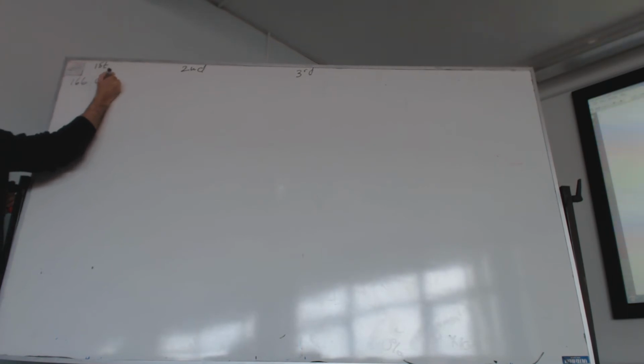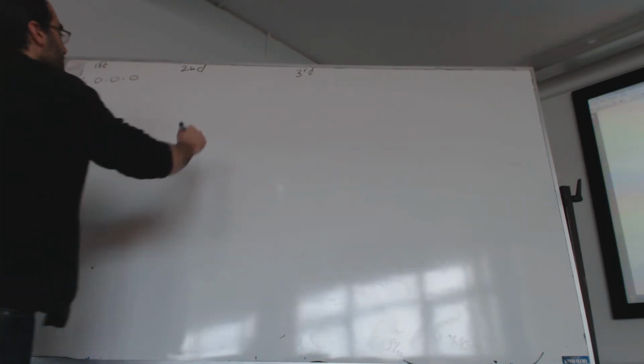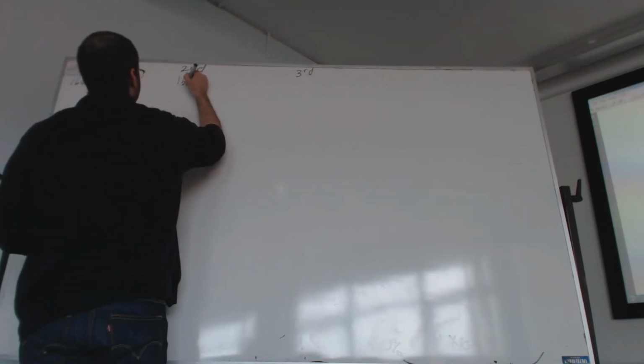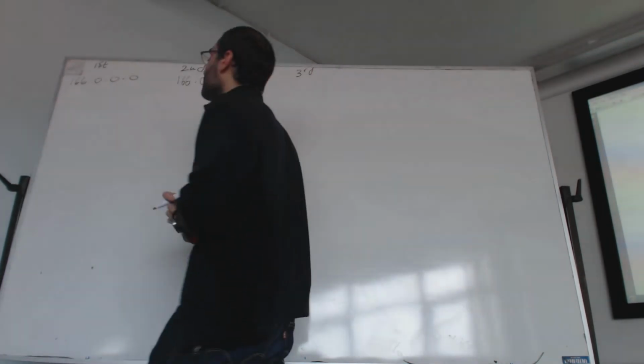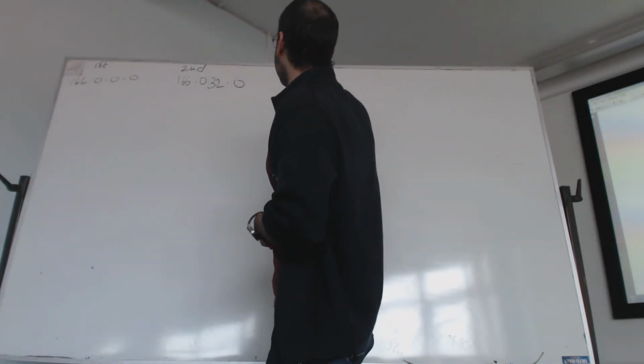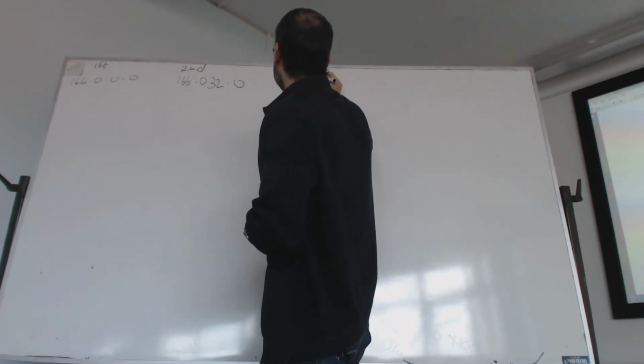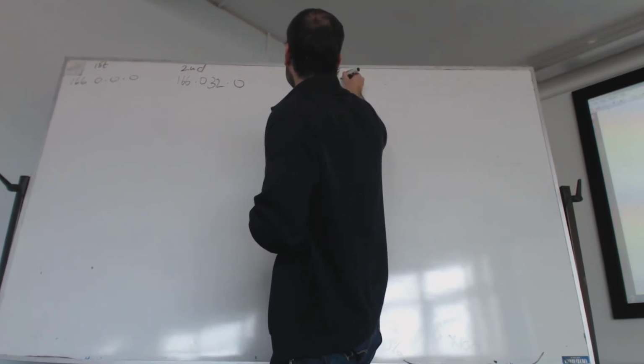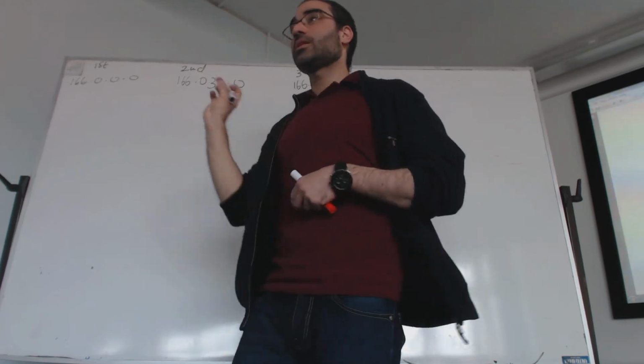Give me the subnet address of the first one. 166.0.0.0. That's your first subnet. What's your second subnet? 166.0.32.0, based on your increment. Third one, 166.0.64.0. Let's stop here.